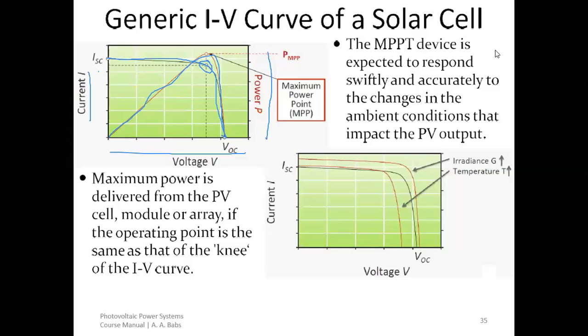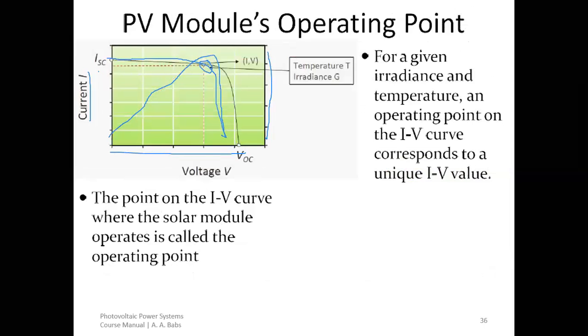Like we mentioned earlier, the point on the IV curve where the solar module operates is called the operating point. For a given irradiance and temperature, an operating point on the IV curve corresponds to a specific and unique IV value.